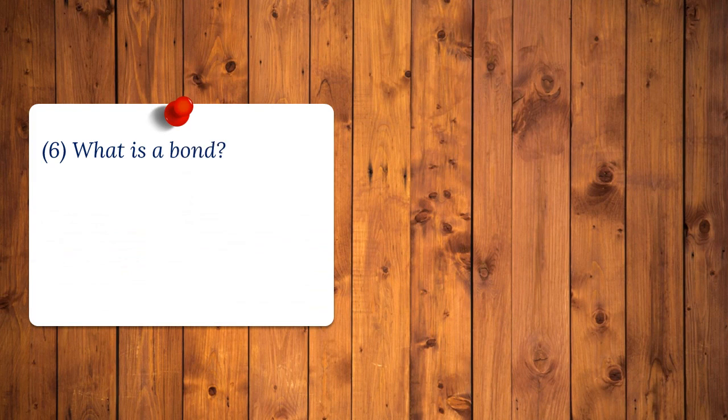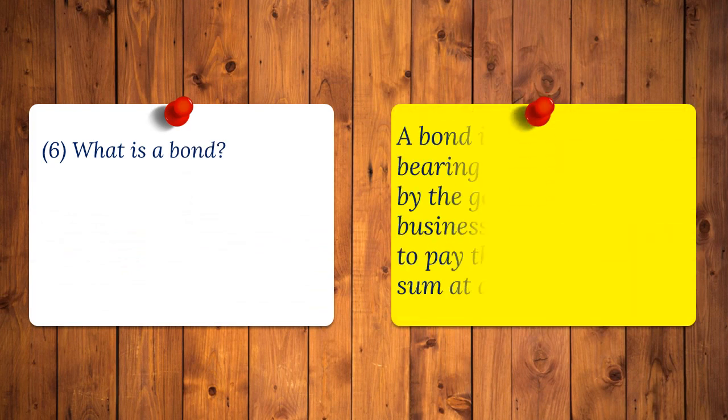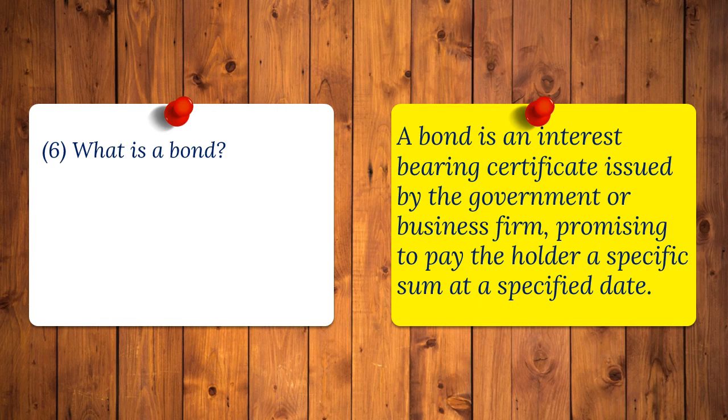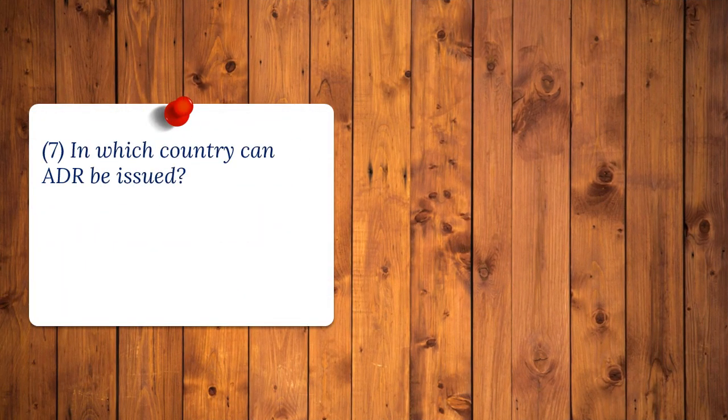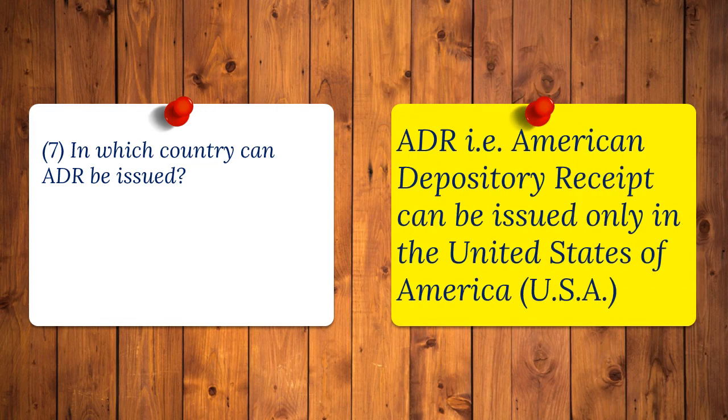6. What is a bond? Answer. A bond is an interest-bearing certificate issued by the government or business firm, promising to pay the holder a specific sum at a specified date. 7. In which country can a DR be issued? Answer.